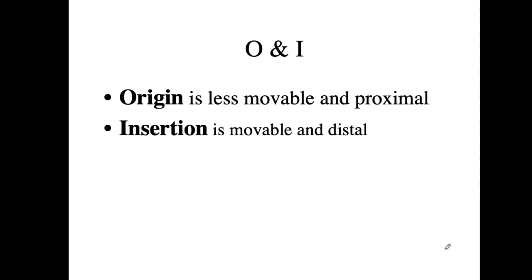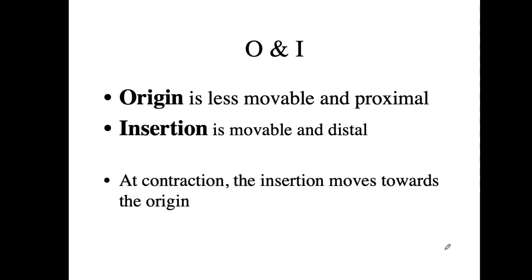And the insertion is the one that's, like if it's your leg, the one that's kicking a ball, that's moving that skeleton. It's more movable and distal, farther from its origin.